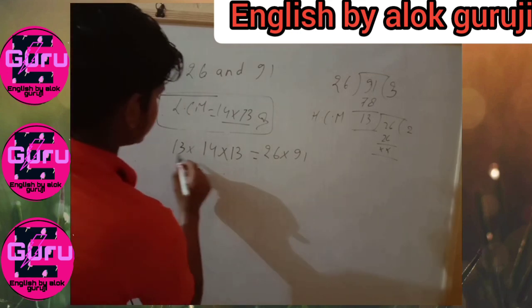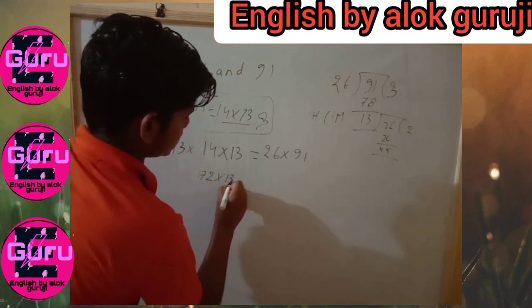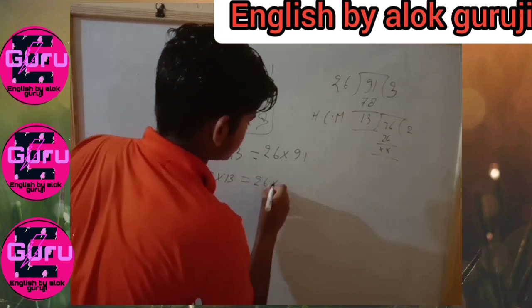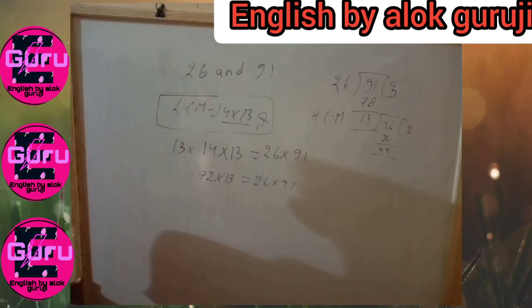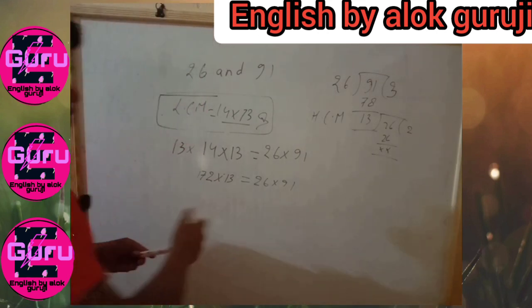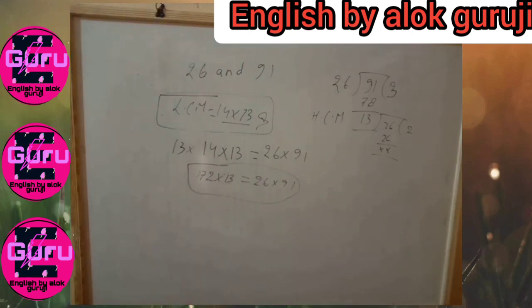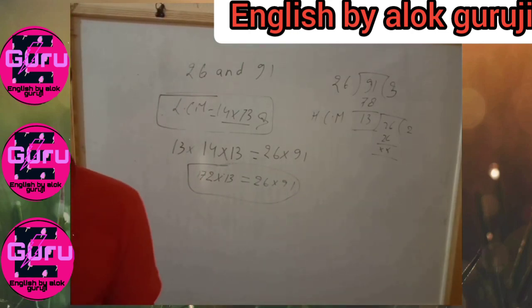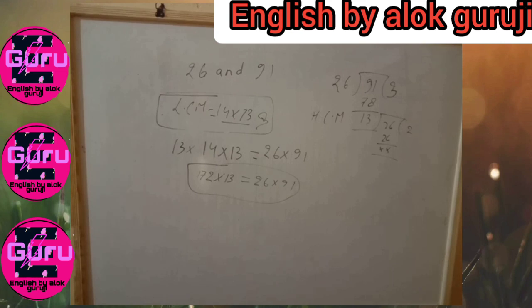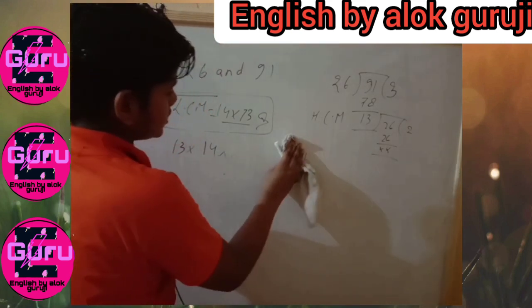This is 182 into 13 is equal to 26 into 91. Now multiply both these numbers, and both are equal. The next question.